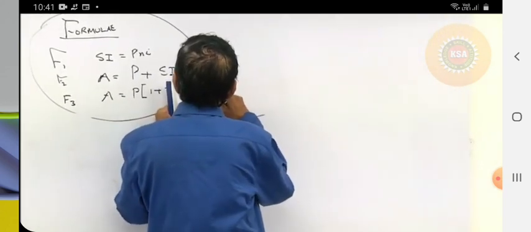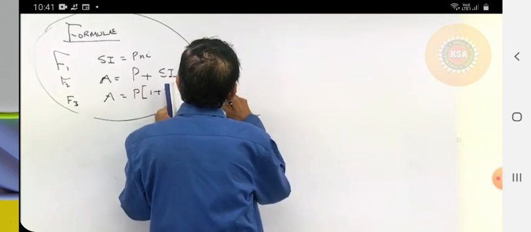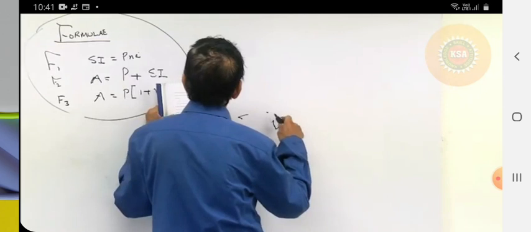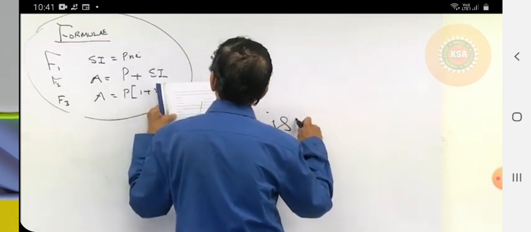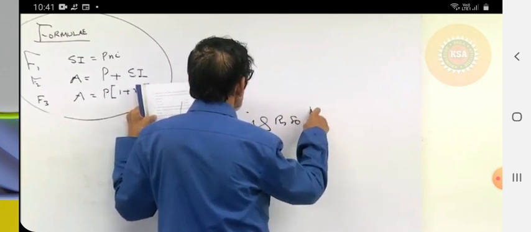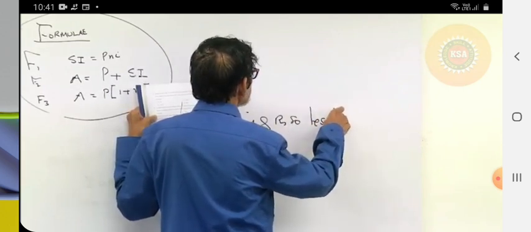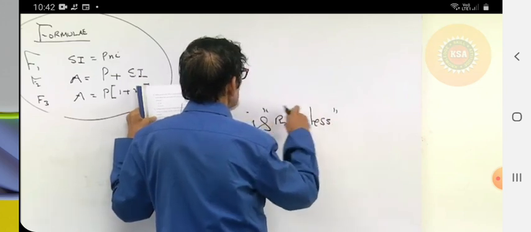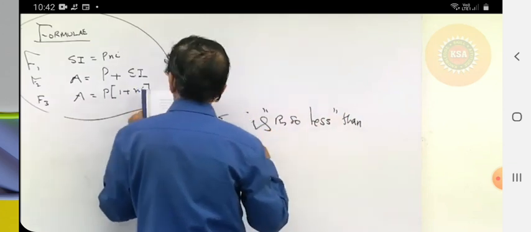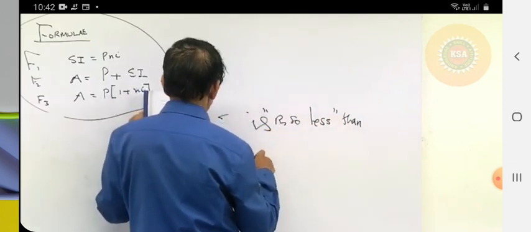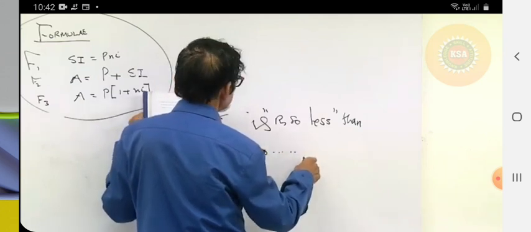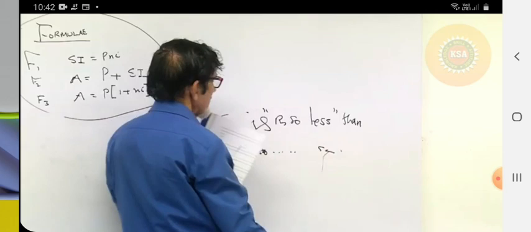Simple interest on rupees 1400 at a certain rate of interest for 3 years is rupees 80 less than that on rupees 1000 at the same rate of interest.